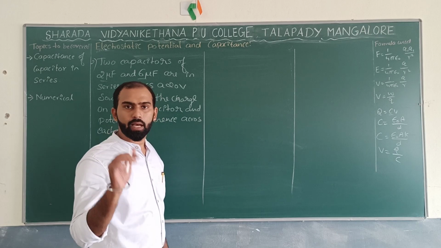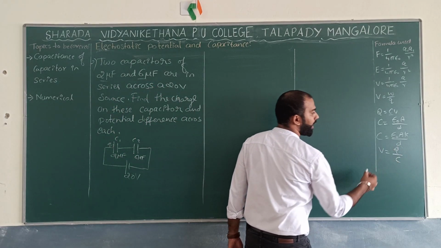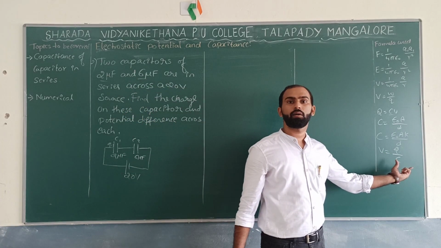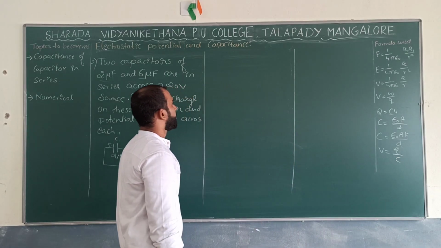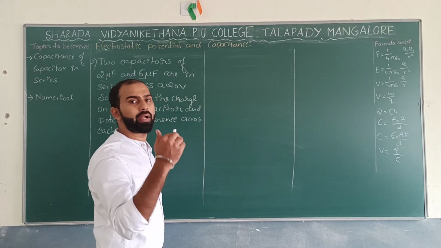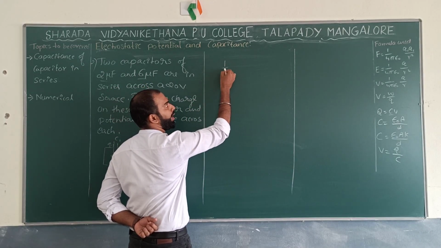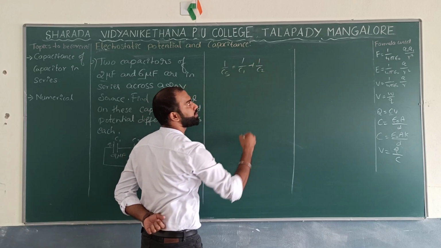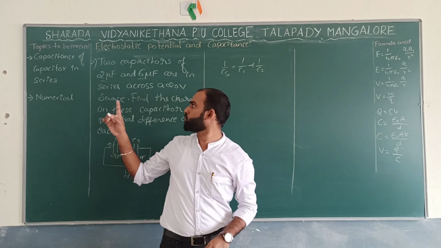Now, to find the charges, we don't know the combination of the values over here, so we will get the series combination value of the equivalent circuit, that is 1 by Cs is equal to 1 by C1 plus 1 by C2. Is 1 by C3 needed? No. Why? Because we have only 2 capacitors.